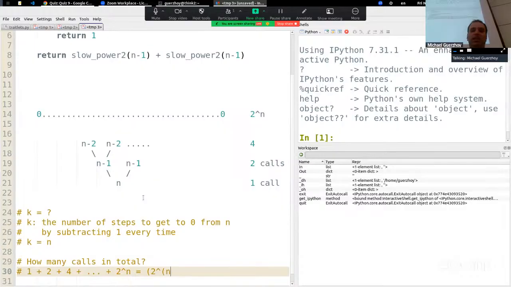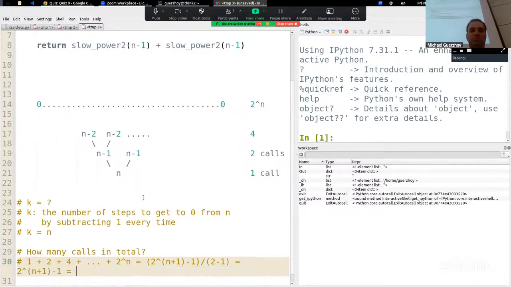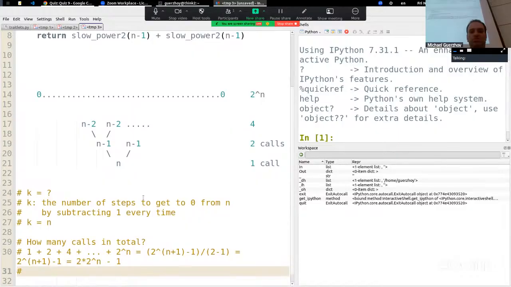So this is, again, the geometric series. So the runtime here is O of 2 to the power of n.